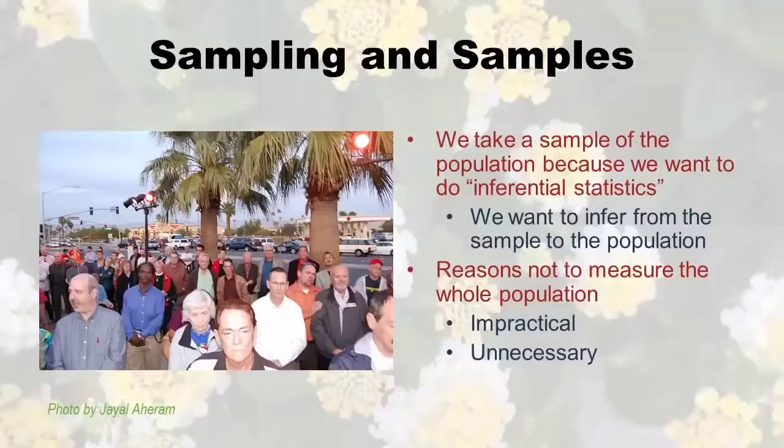And actually, if you ever do an experiment where you measure the whole population, you'll find that if you get a pretty good proportion of the population, that's all you really needed to talk to. So ultimately, we save resources, especially in healthcare, when we do a good job of sampling and use that to infer to the population rather than having to take a census of the whole population all the time.